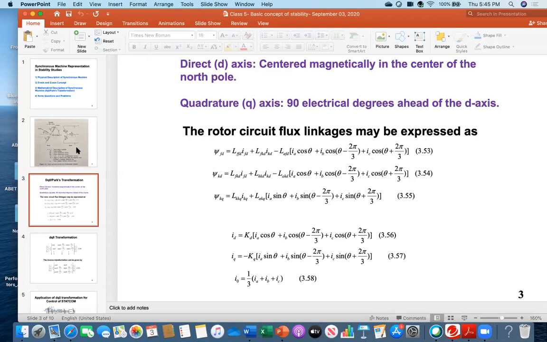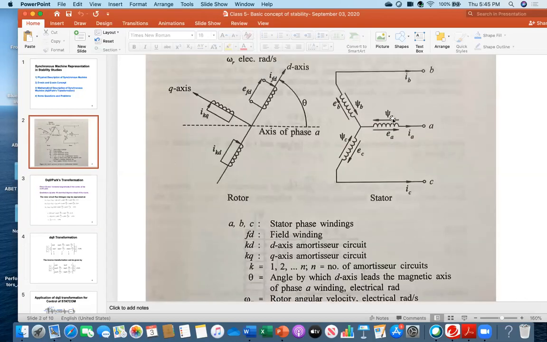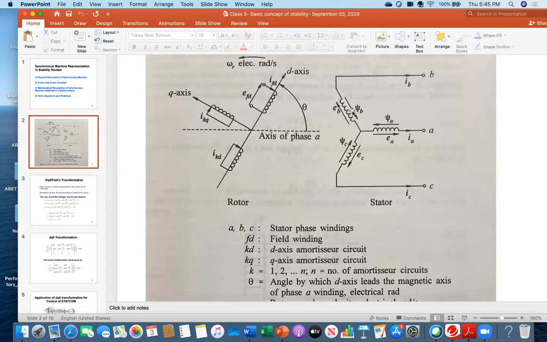So, for example, it is written here psi A, psi B, psi C. This is the flux linkage. What is the flux linkage of this coil? What is the inductance value of this coil? For example, LA multiplied by IA. So wherever there is a coil, there is flux linkage, meaning the multiplication of current and inductance.